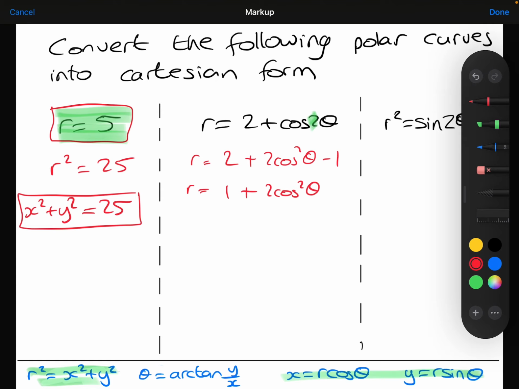So I've got a cos squared here now, which is getting close to me being able to use this x equals r cos theta. I would like it if I could have an r squared in front there. So I have an r squared cos squared. That way I could turn that into an x squared. Imagine down here if I could say x squared equals r squared cos squared.